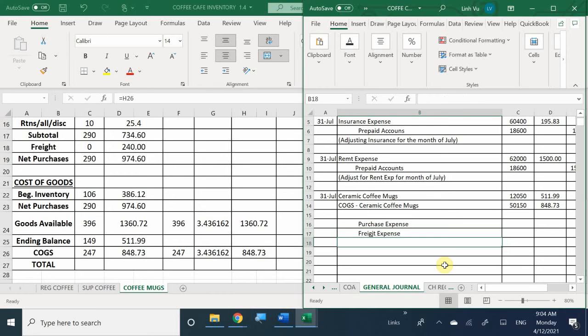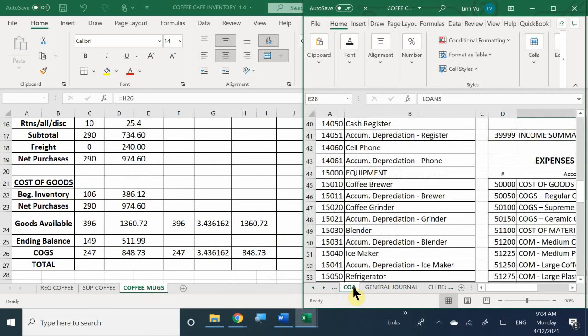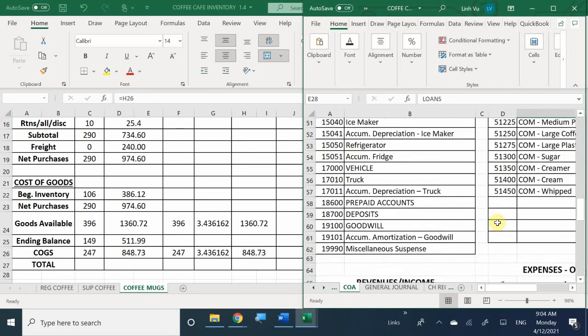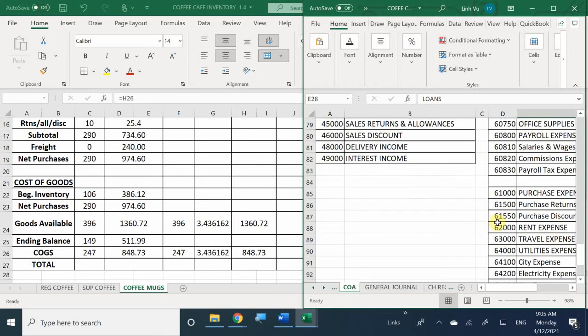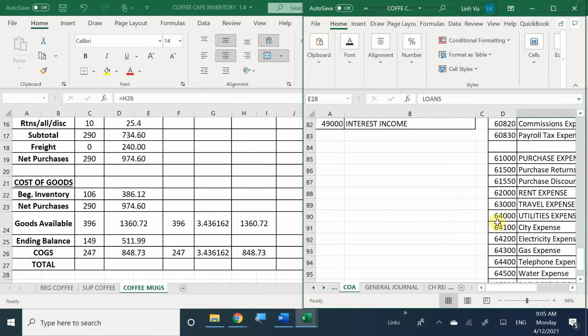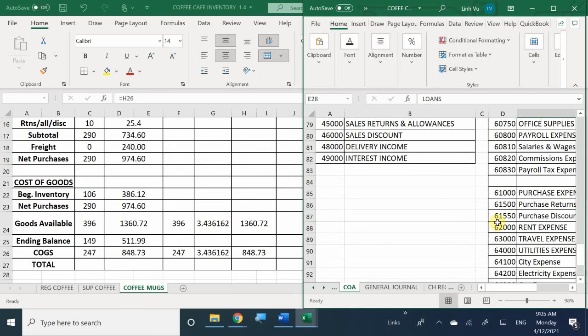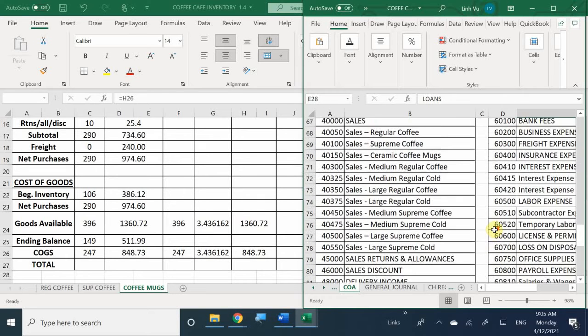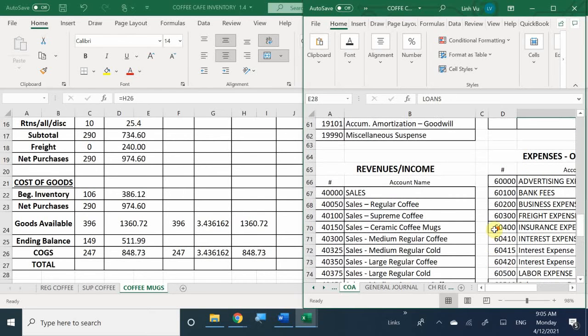Okay. So let's take a look at that. Purchase expense should be $61,000. And then what about my freight expense? 6,300, right?